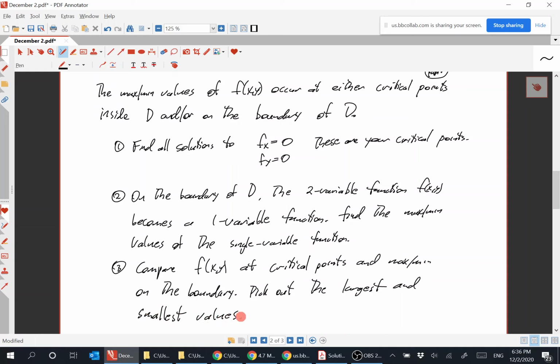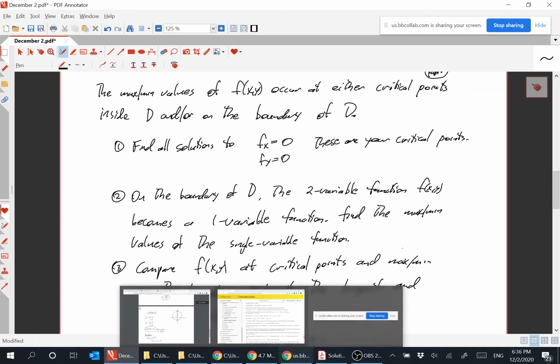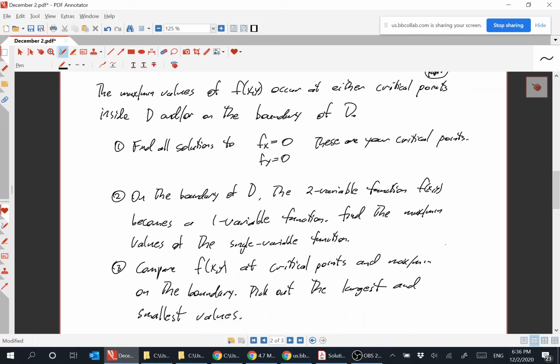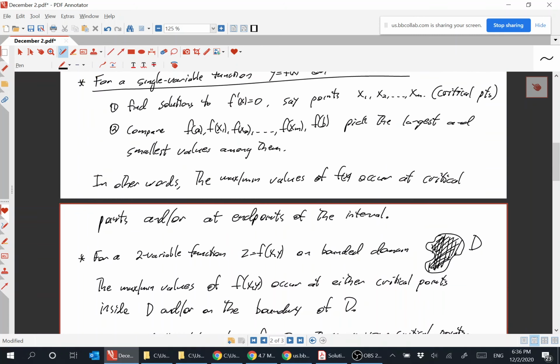And that's the answer to your problem. So it's the same with the two variable function. It's the same as the single variable function. It's just got a couple extra steps. You have to find the critical points, then you look at the boundary.